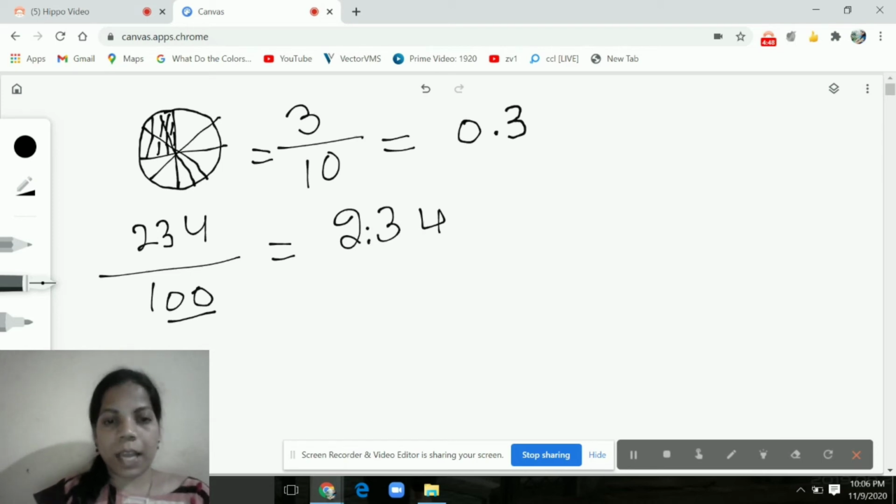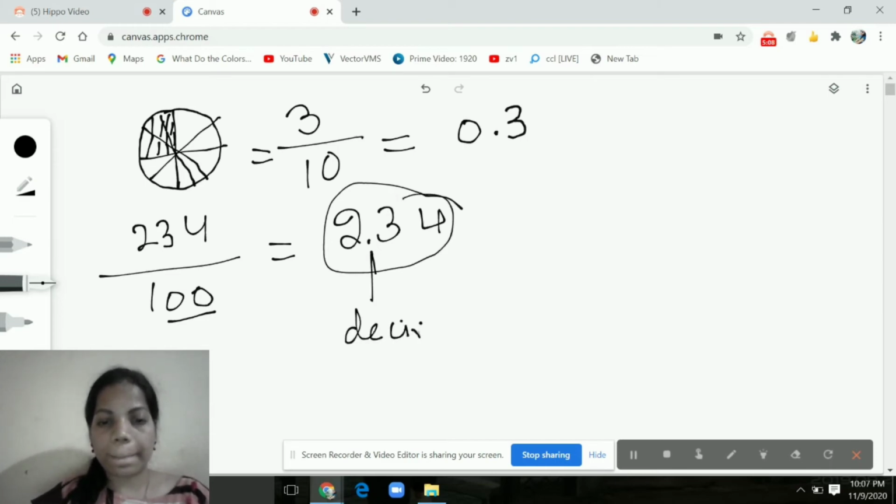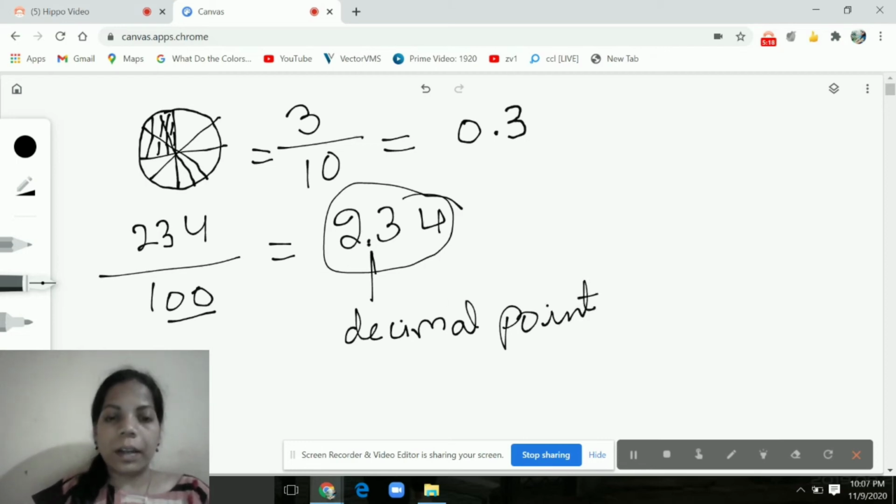So now it's time to learn the definition of decimal numbers. The number which separates the whole number part and the decimal part with a decimal point is called a decimal number. Here the point is called the decimal point.